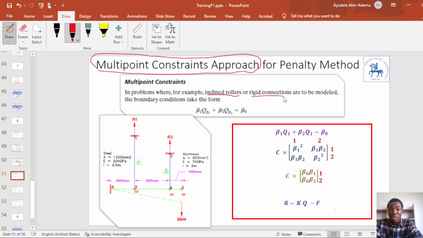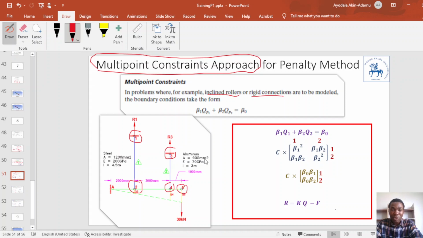When we say rigid connection, we mean, like in this question, this one-dimensional problem actually has 5 boundary conditions. There's a boundary condition at node 1. There's a boundary condition at node 2 that moves. There's a boundary condition at node 3 that does not move. There's a boundary condition at node 4 that moves by Q4. And there's also a boundary condition at node 5 that moves.